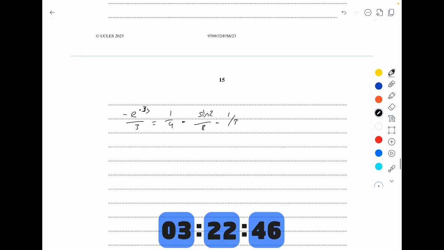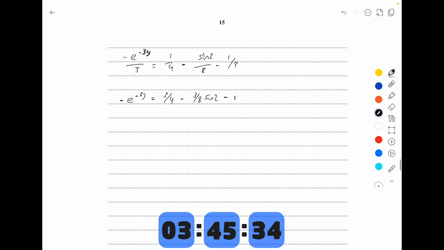And then what we've got from here is, 3.5 minutes. What if we multiply? That's 3 quarters, 3 over 8 sine 2, minus 1.